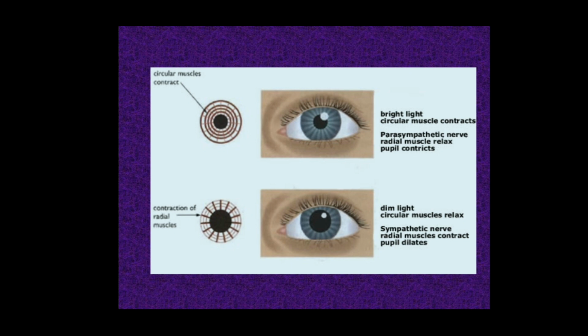In this picture, you can clearly see the difference in the structure, or the regulation of the size of the pupil, depending on two different situations. First is bright light. During bright light, the circular muscles of the iris contract, whereas the radial muscles relax. And as a result, what happens to the pupil?